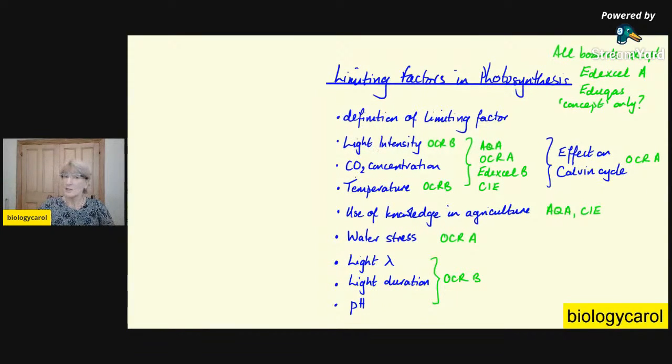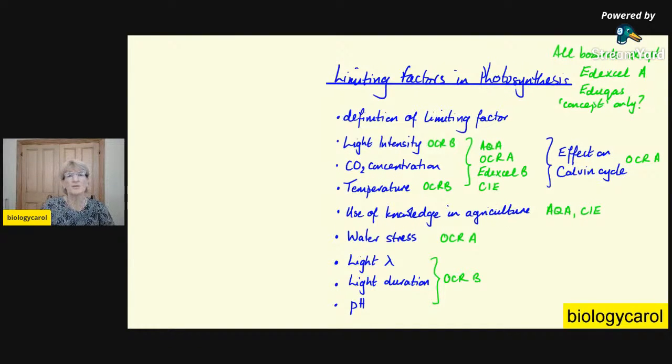OCR B actually don't need to know about all three of these. They only need to know about light intensity, temperature, and then these three down the bottom: light wavelength, light duration, and pH. And finally, in addition, AQA and Cambridge International Board need you to be able to apply the knowledge of limiting factors in photosynthesis to how they could be used in agriculture.